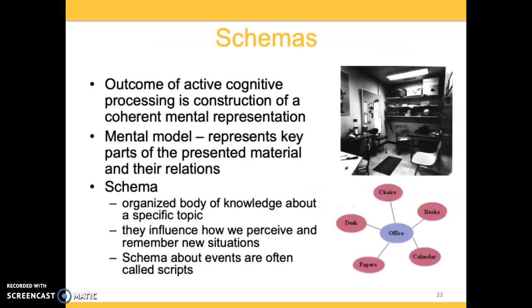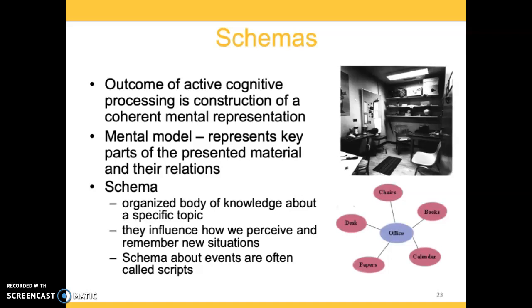So what is a schema? These are the outcomes of active cognitive processing, and it is the construction of a coherent mental representation. For example, if you hear the word office, automatically many words would come into your mind, or pictures of an office, or the things that you've seen in an office or in a picture, and so on.